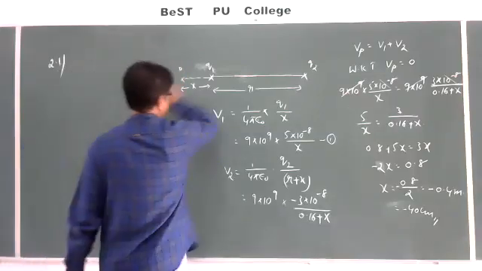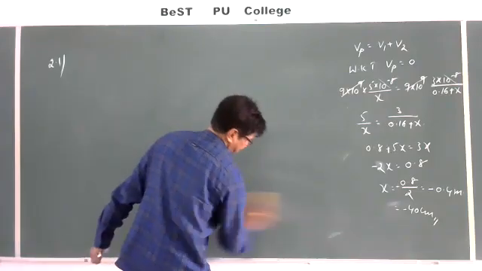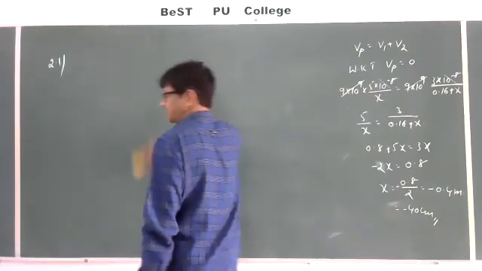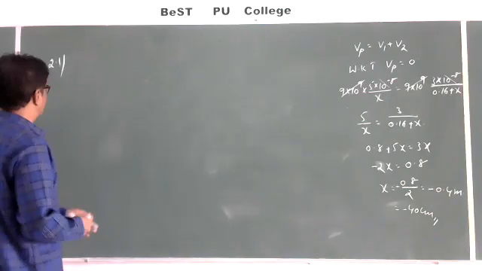But the thing here is both the positions you have to find, because there is a possibility to get the zero potential at both the positions. You have to find with both.